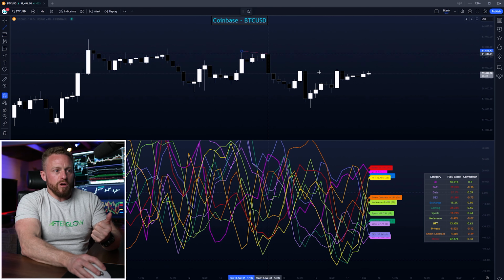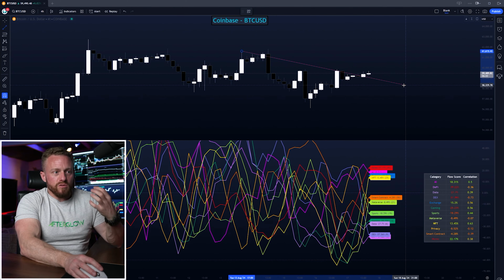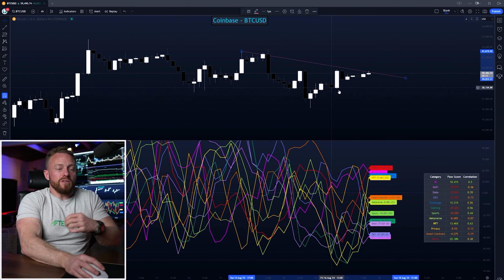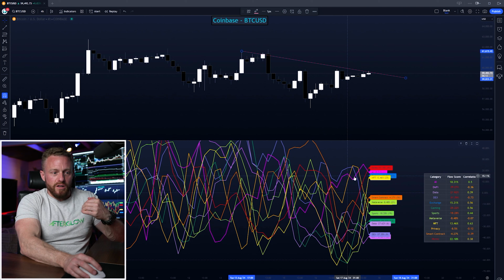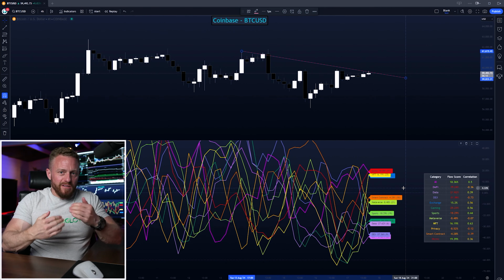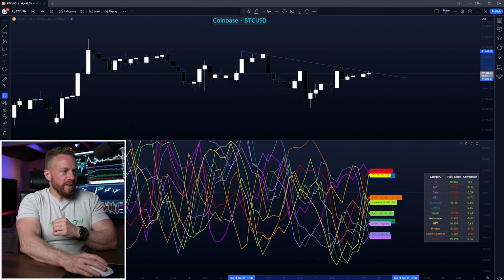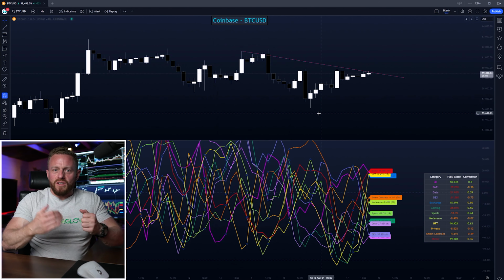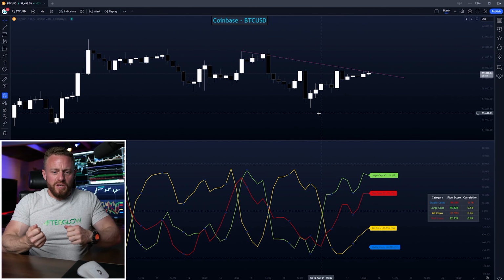You can do your own analysis, all your trend lines and TPOs or whatever you like to look at in TradingView, right alongside this kind of sector level analysis. And then you can drill down further and look at the large caps versus altcoins versus memes. And I just find I really like this because it gives me lots and lots of ideas, and it saves me hours as well, rather than trying to pick and choose through thousands and thousands of coins.